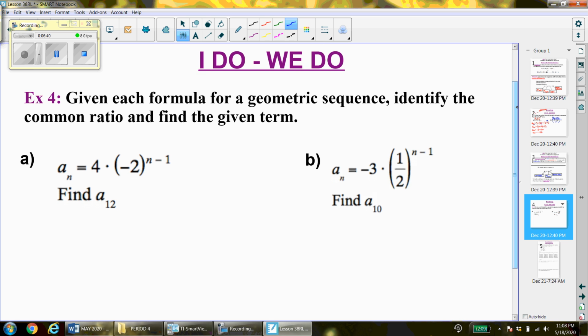Given each formula for a geometric sequence, identify the common ratio and find the given term. The given term is this number here. They want us to find the 12th term, so I'm going to replace that n with a 12.